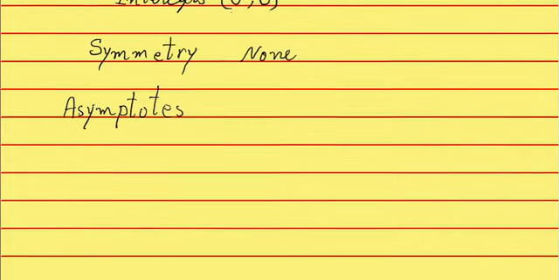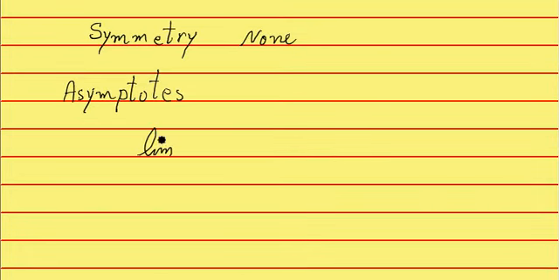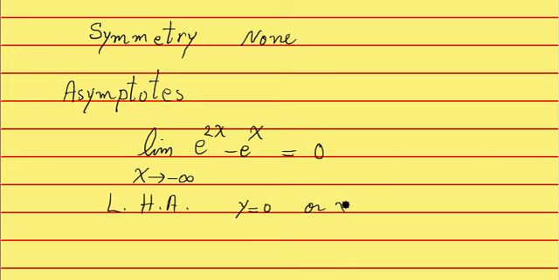So here we mention the following. If you take the limit of exponential of 2x minus exponential of x as x goes to minus infinity, these two individually go to 0, and so does their difference. The difference surely goes to 0. So we have a horizontal asymptote on the left hand side, and that is the x-axis itself. The equation of the asymptote is y equal to 0, the x-axis, and we emphasize this asymptote is happening on the left.